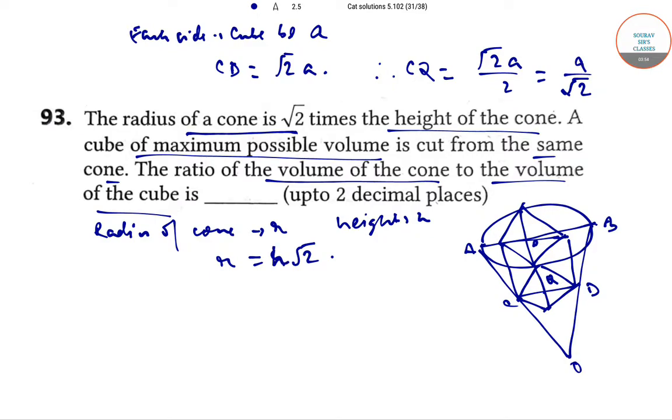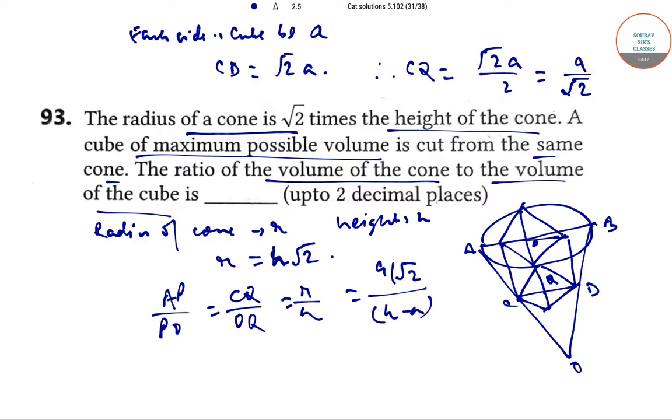Now in triangle APO and triangle CQO, similar triangles, we have AP by PO is equal to CQ by OQ is equal to R by H is equal to A by root 2 by H minus A. Now this is because triangle APO is similar to triangle CQO.